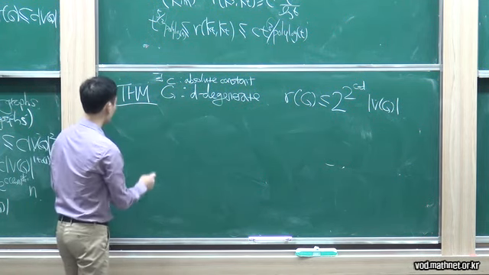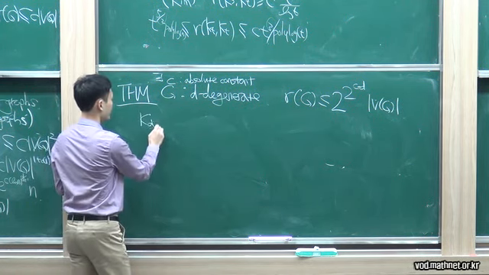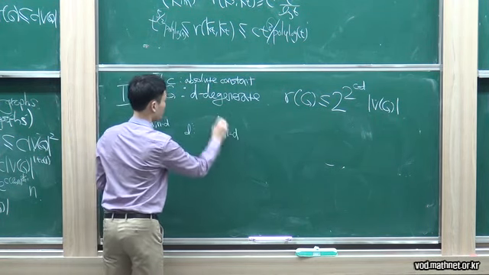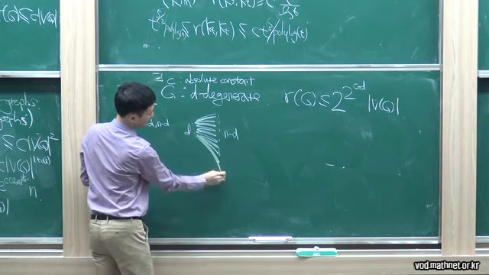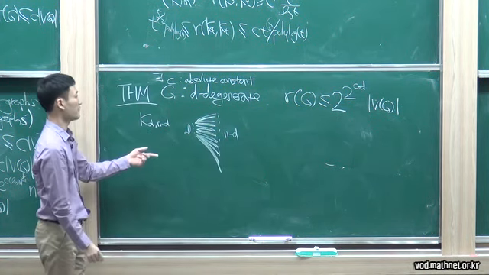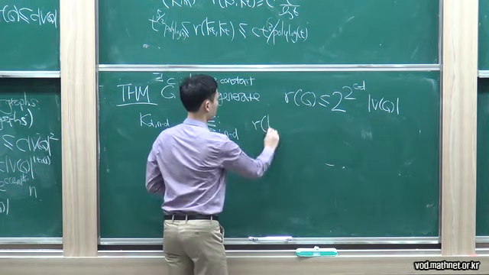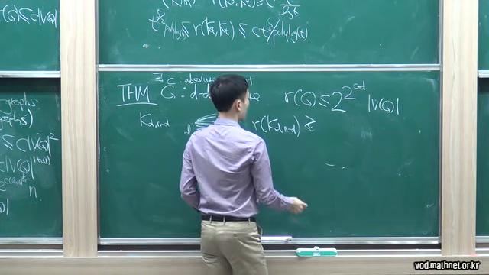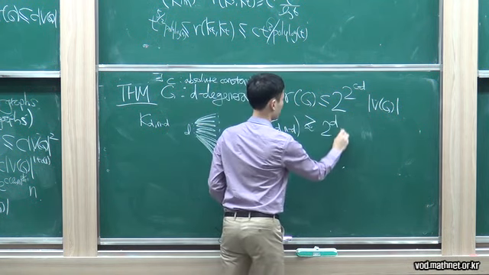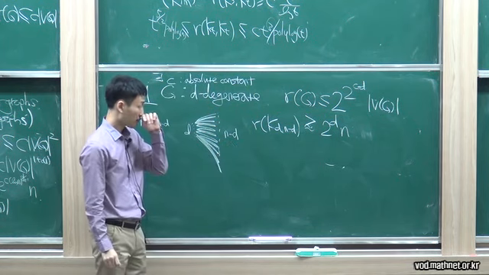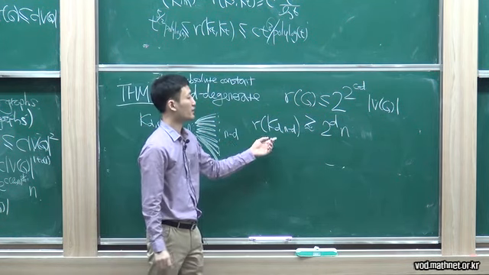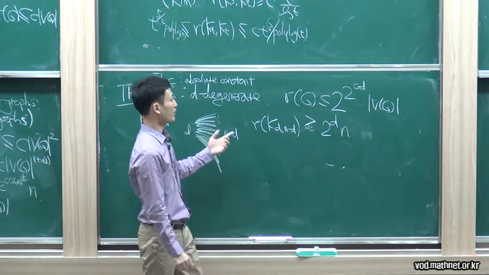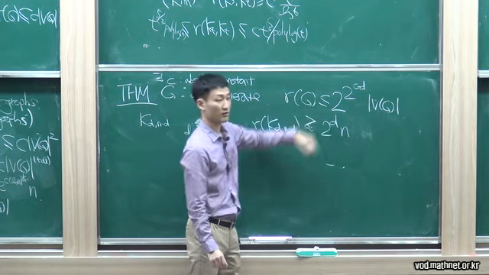It's known that the following graph, K_{d, n-d}, meaning d vertices on one side and n minus d vertices on the other side, is d-degenerate, and the Ramsey number of this graph is roughly at least 2 to the d times the number of vertices n. As far as I know, this is the best example. So there is still some room for improvement between these two bounds.